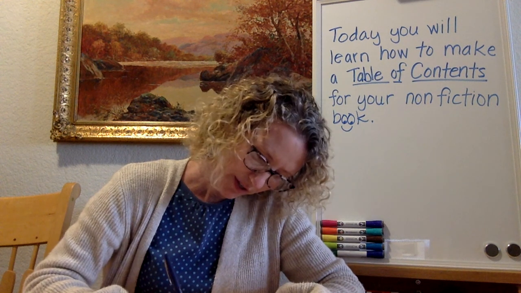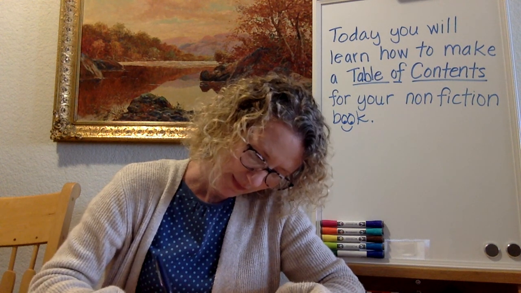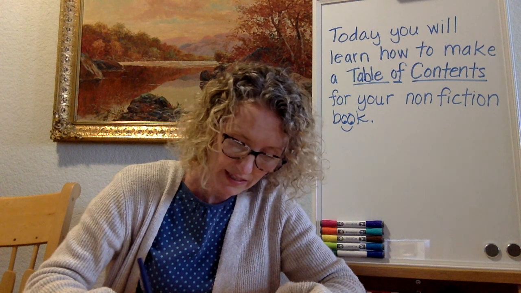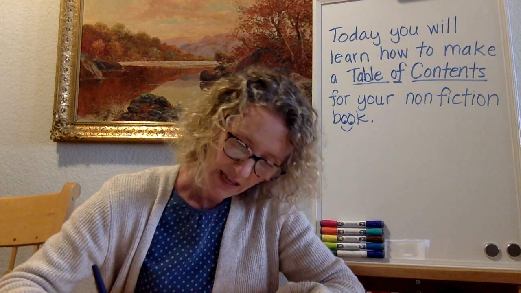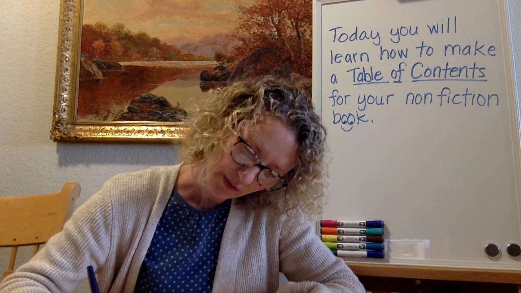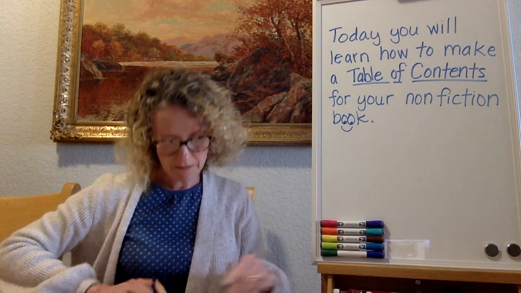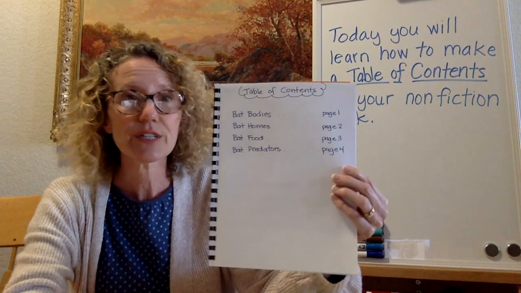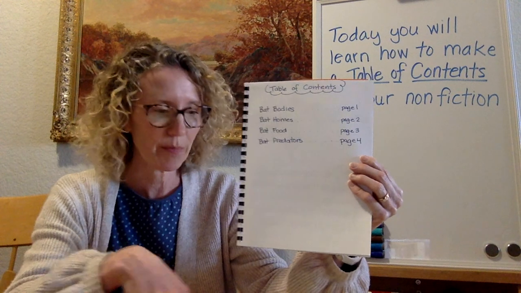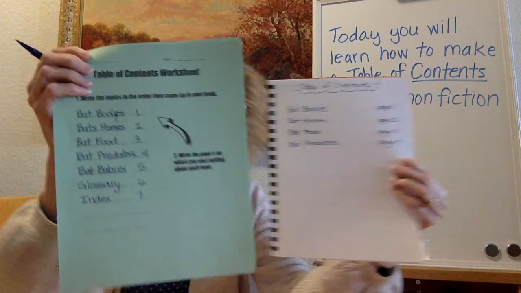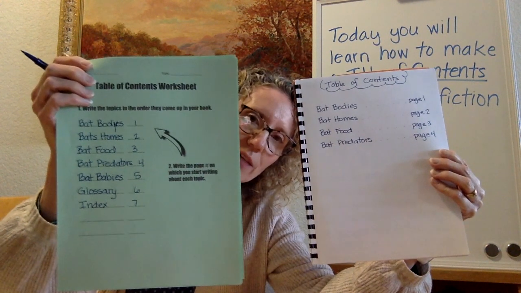Bat predators. You are going to want to write nice and slow and make this nice and neat. I know I'm going a little bit fast. And see? And then you just keep going. Finish it all up so you get all the way down to your glossary and your index page.